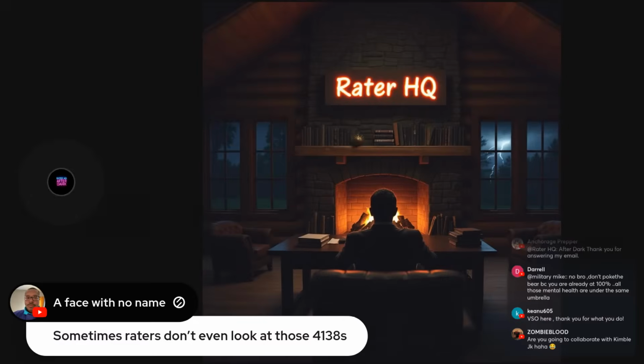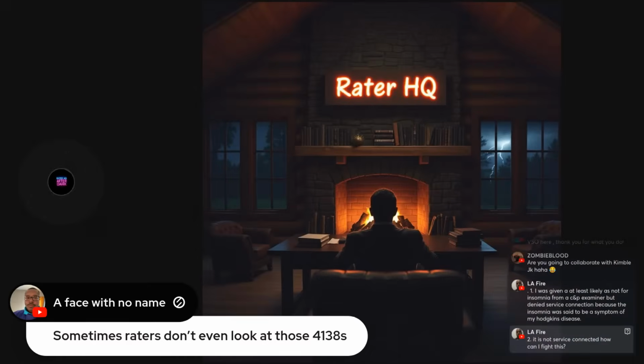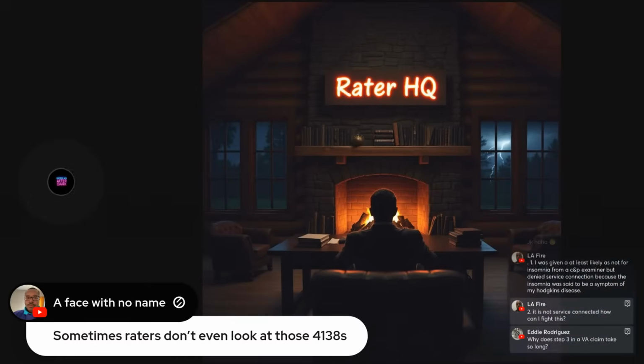So the raters are trained to look for 4138s, at least on the day that the claim was made, to make sure that all of the claimed issues are accounted for, or else we can get an error. So that's why I say to use a 4138, because raters are looking for that form. Even buddy letters, I say to put on the 4138, because we're kind of trained to look for that.